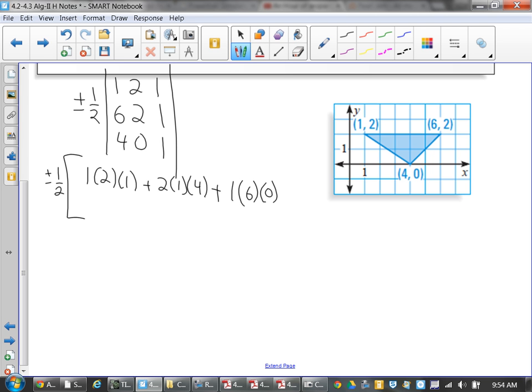Then we have to subtract that from all the downward ones. That's going to equal 2 plus 4, or 2 plus 8 is 10. The upward ones were 4, 2, 1, 0, 1, 1. And 1, 6, 2.